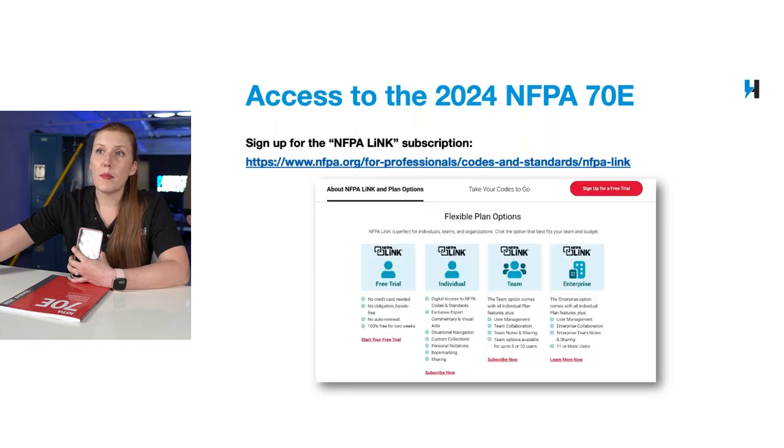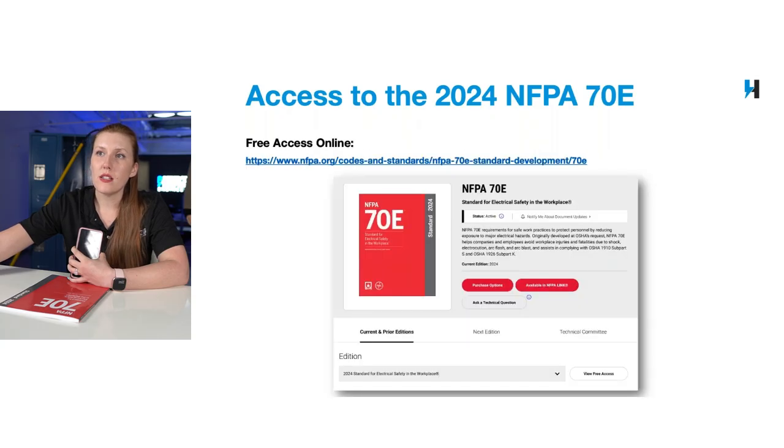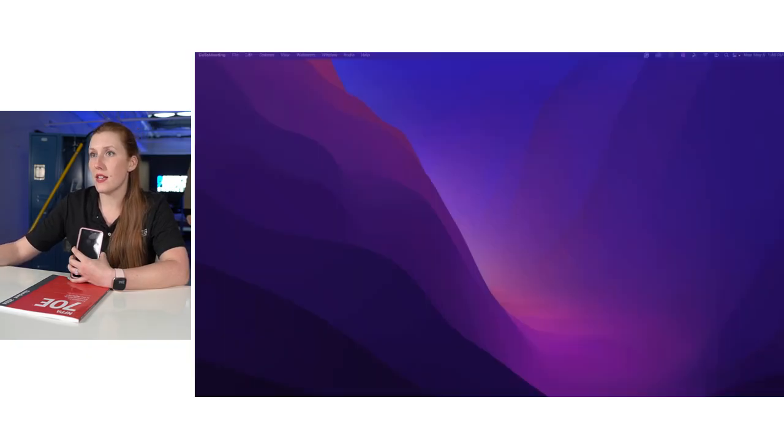So you can purchase a copy, you can sign up for the NFPA LiNK subscription, which is super smooth, super nice. I recommend that one, especially if you need multiple codes and standards. You can get access to all the NFPA codes and standards through NFPA LiNK, that subscription process. Or what we're gonna do today is the free access online. So you make an account and then you can go open up the free access.